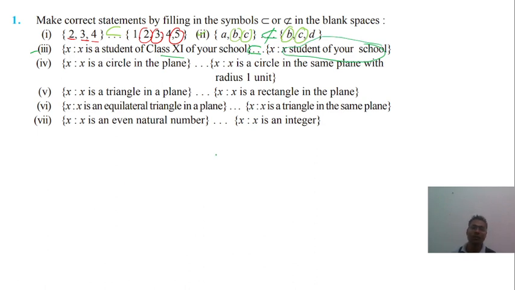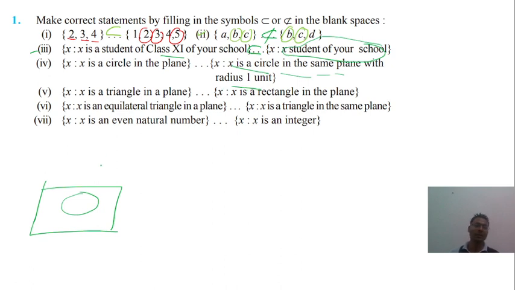Okay, circle. X says that X is a circle in a plane. So we will draw a circle in a plane, and X says that X is a circle in the same plane with radius 1 unit.